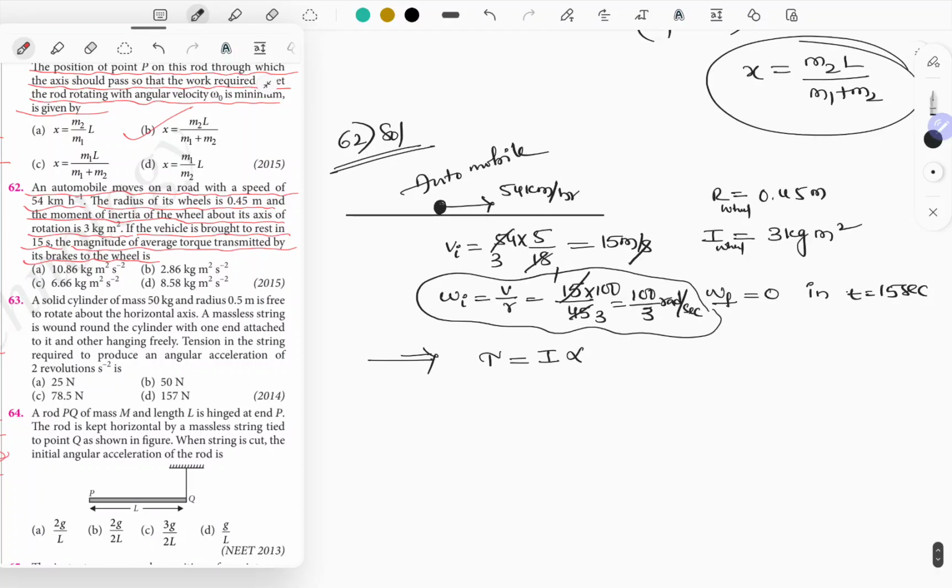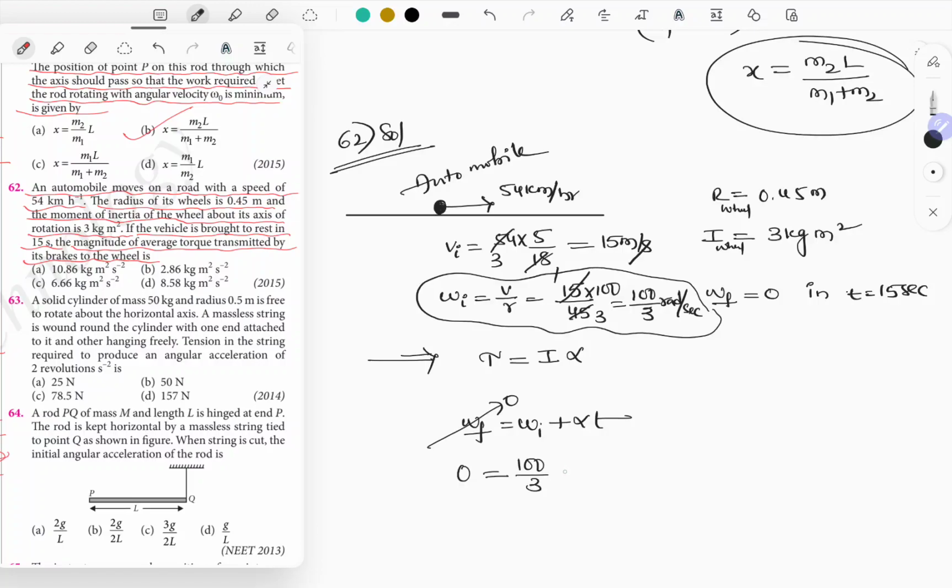Now I know the initial angular velocity, final angular velocity and time. So from this given data, is it possible for me to find alpha? Yes, it is. Omega final is equal to omega initial plus alpha into t. Omega final is 0. Omega initial is 100 by 3.